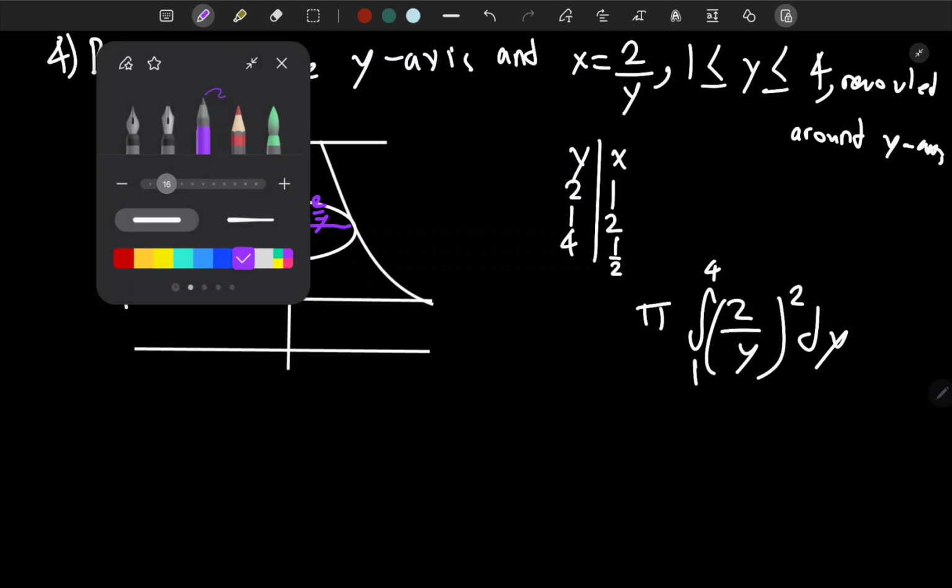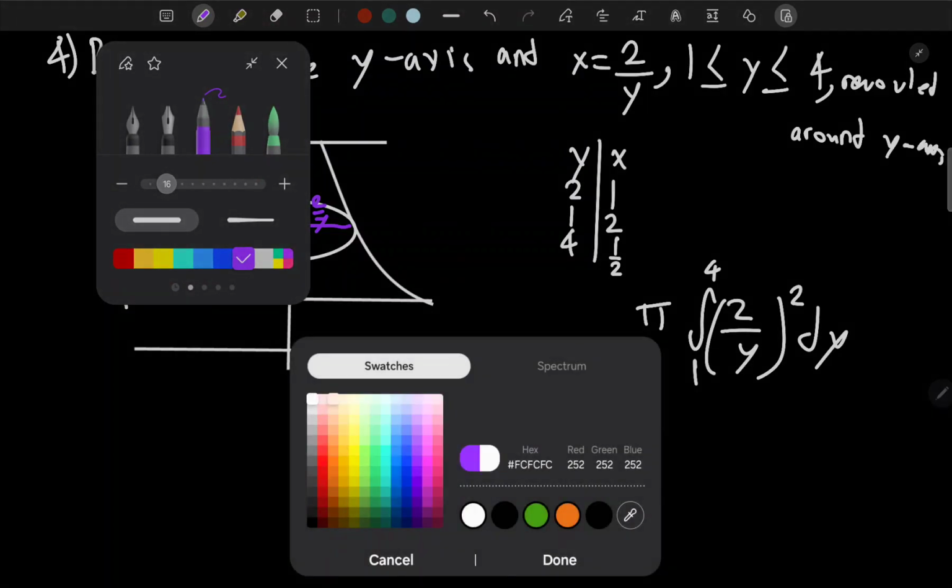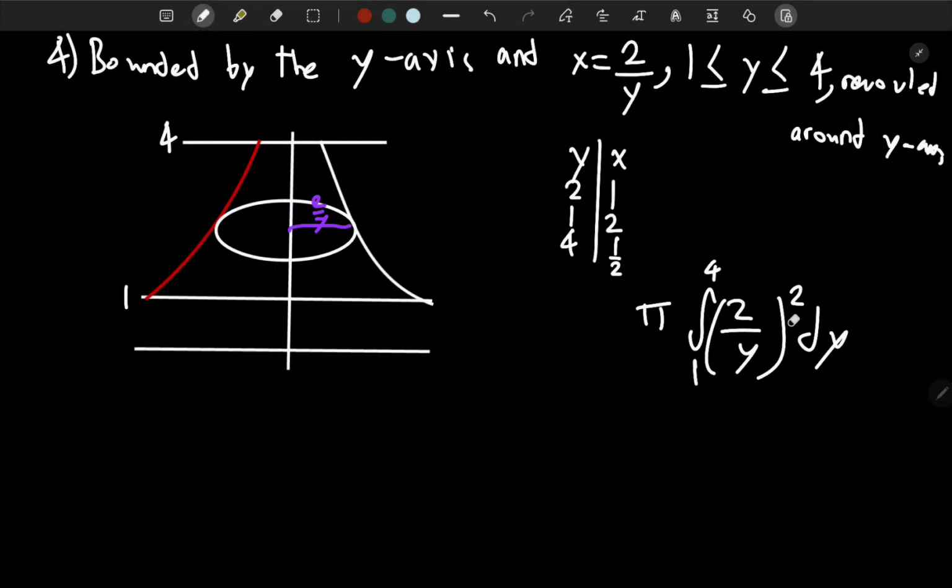So now let's simplify that equation, the integration. It's going to be 4 over y squared. Now let's bring this above and integrate this. I'm going to take 4 outside, or you know what, leave it inside. 4 y to the negative 2.